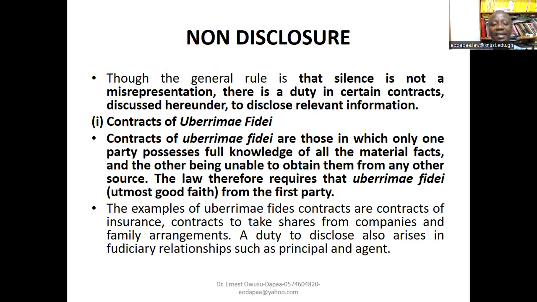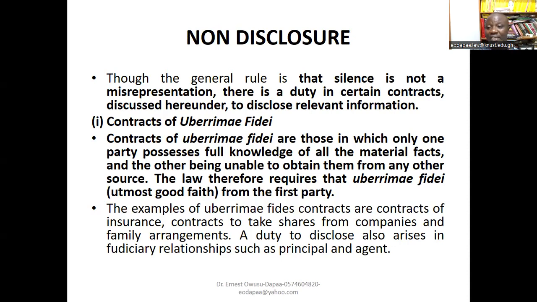So we mentioned insurance contracts and also contracts to take shares in companies and family arrangements. In all this, we can see what they call a fiduciary relationship, just as in the principal-agent relations. When you discussed the law of agency, you came across principal and agent.